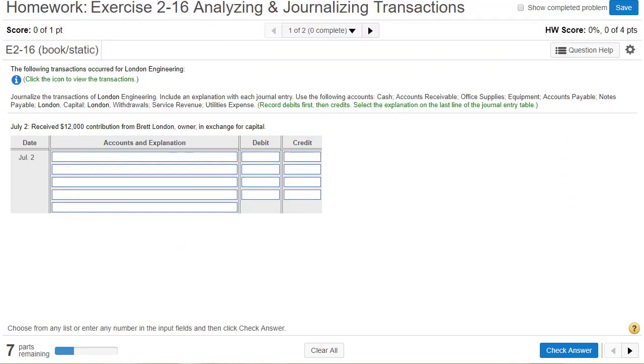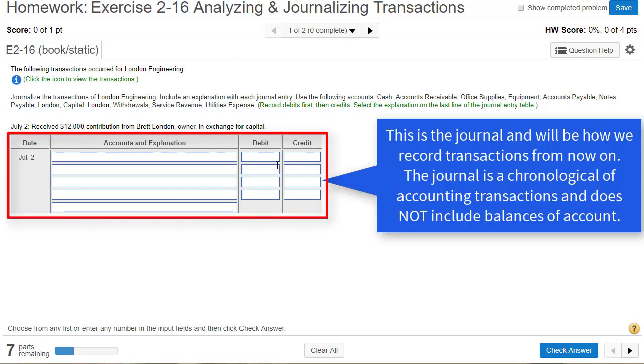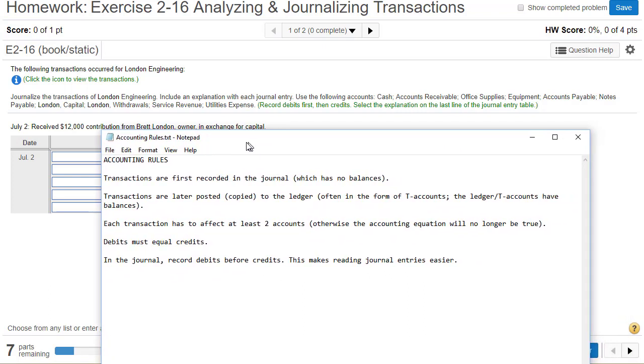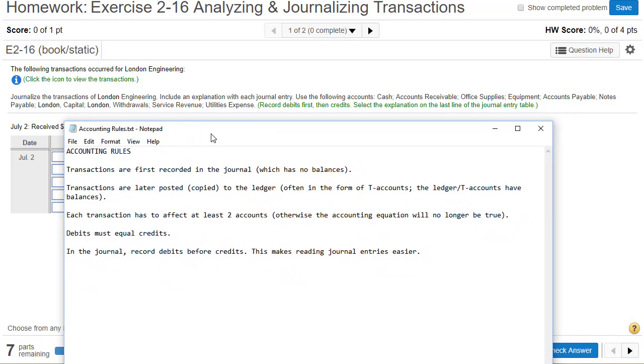So the way the majority, if not all, companies keep track of accounting records is they use the journal method, which means we're going to need a debit column and a credit column. So let's review some accounting rules. When we're using this journal method, which everybody does, transactions are first recorded in the journal, which has no balances.